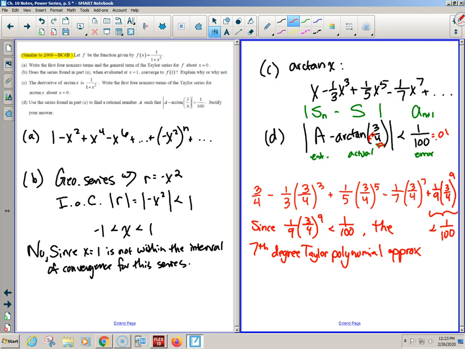Since the 9th one is less than 1/100, go one back, and one back from that is the 7th degree Taylor polynomial. Or in my alternating series, it'd be the sum of the first 4 terms, which would be my 3/4.